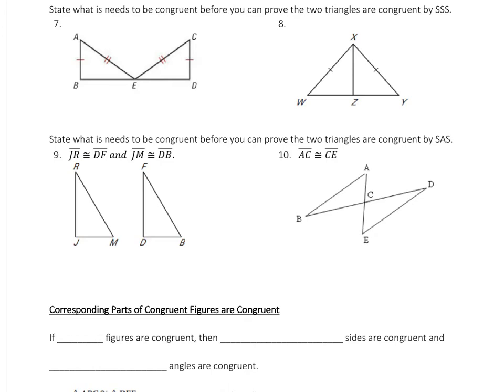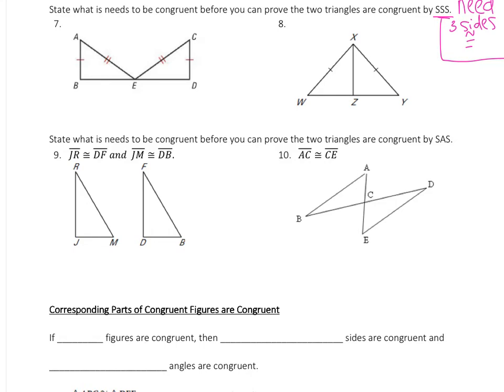Part of just knowing that triangles are congruent is we need to know the pieces that we need. And on these pictures next, if we want to prove that our two triangles are congruent by side, side, side, we need 3 sides that are congruent. But on these 2 pictures, we're missing something, and we need to state what needs to be congruent. So with a missing piece that needs to be congruent before we can say that they are congruent by side, side, side.